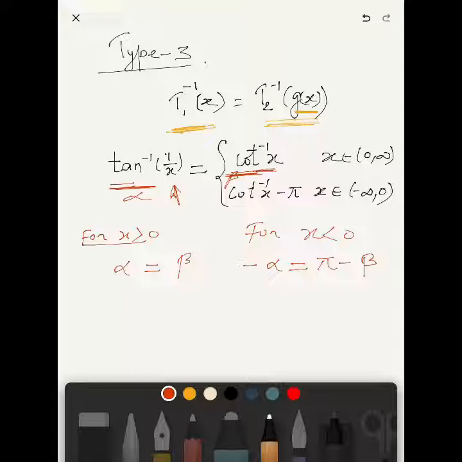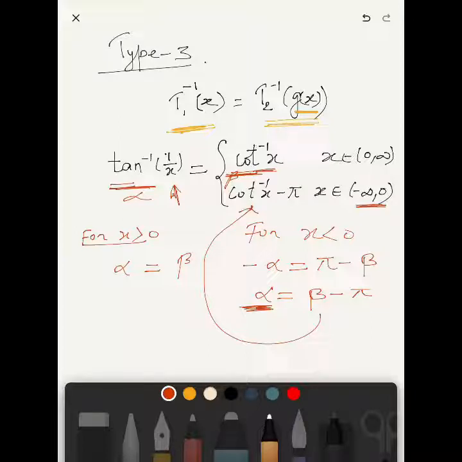So we need to find alpha; multiplying by negative on both sides, alpha equals beta minus pi. See, alpha means tan inverse 1 by x, and on the right hand side for x less than 0, minus infinity to 0, you got beta minus pi. So beta is cot inverse x minus pi.